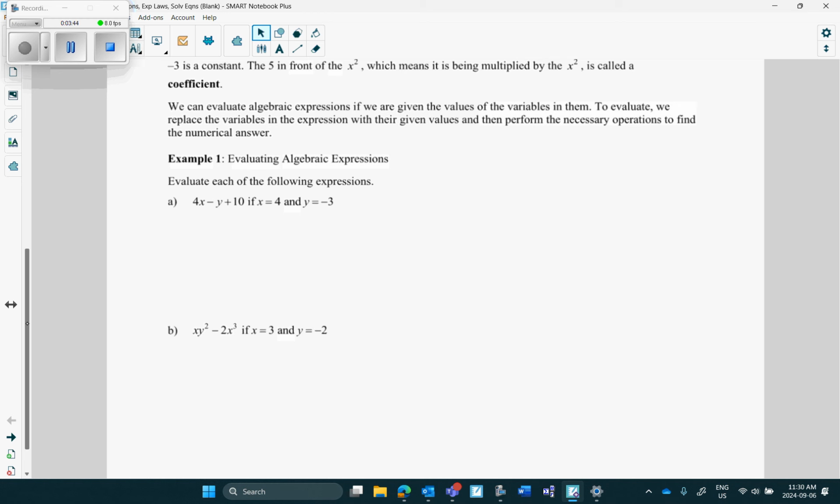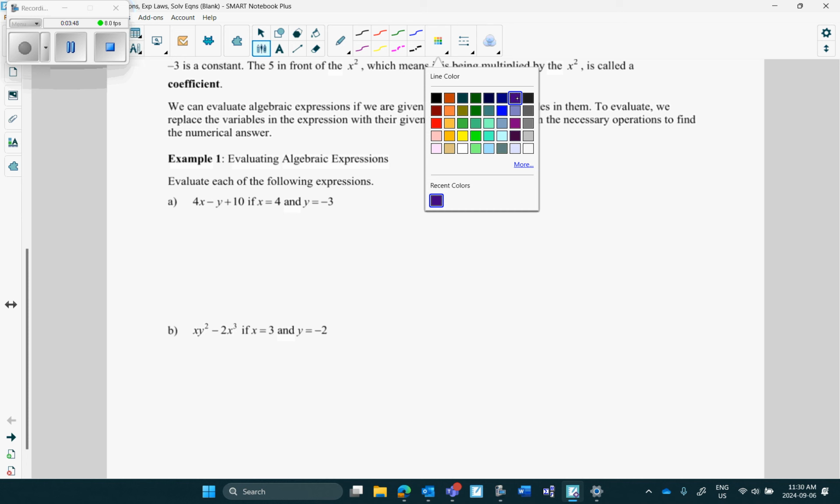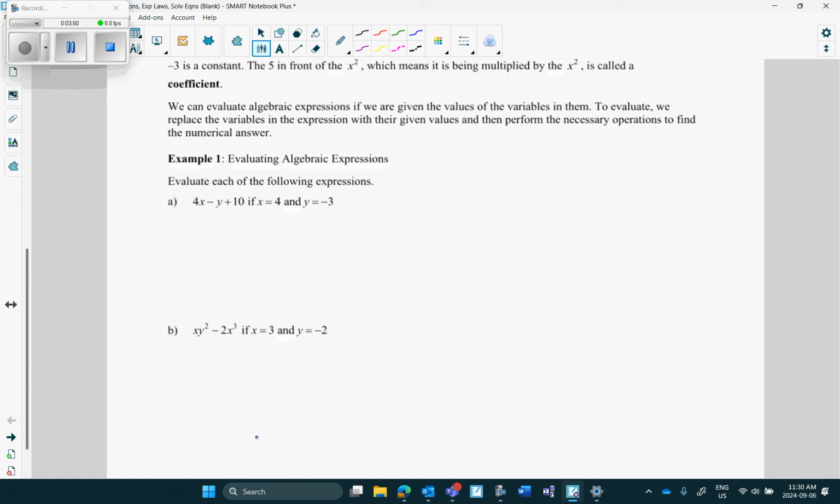So we did a lot of this last year. For us to evaluate these expressions: 4x minus y plus 10. And we're told that x is 4 and y is negative 3. First of all, look at this expression. How many variables are there? 2.